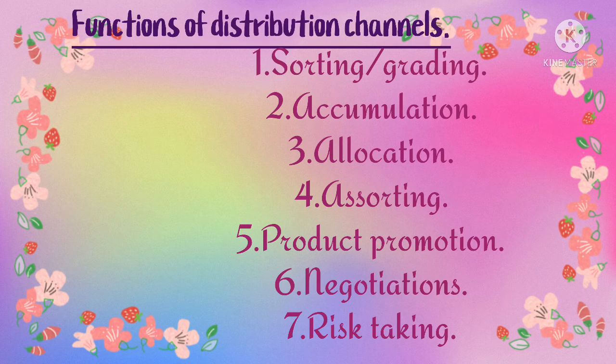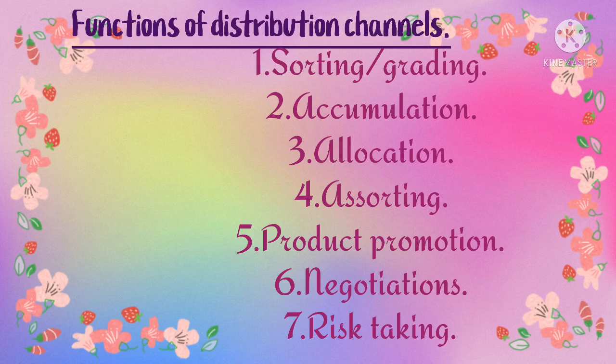Allocation involves breaking off homogeneous product into smaller marketable lots. Like I gave the example of the cashew nut. Once cashew nuts are graded and large quantities are built, these are divided into convenient packs of say 1 kg, 500 grams, 250 grams, 50 grams, to sell to different types of buyers.